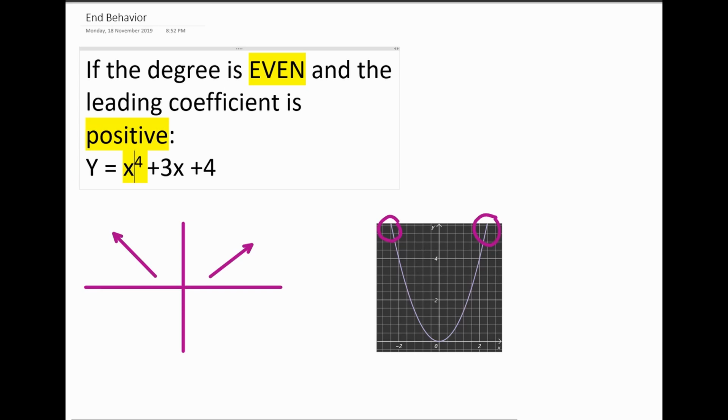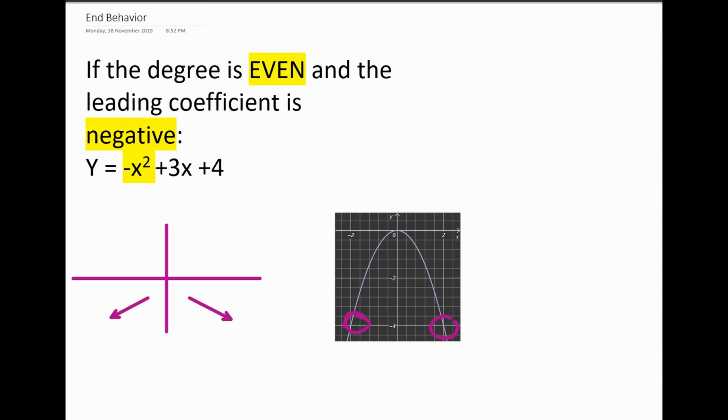Thus, the rightmost part of your graph tends to go upward and the leftmost side of your graph tends to go upward too. We can see that in this example graph. This one is not the graph of y is equal to x to the 4 plus 3x plus 4. This is just for illustration.